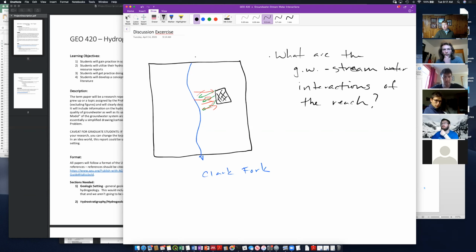So your job is to come up with what I call a white paper or an elevator proposal. They're going to call you up and say, hey, Hydro Consulting Group, what would it take to measure groundwater stream water interactions?